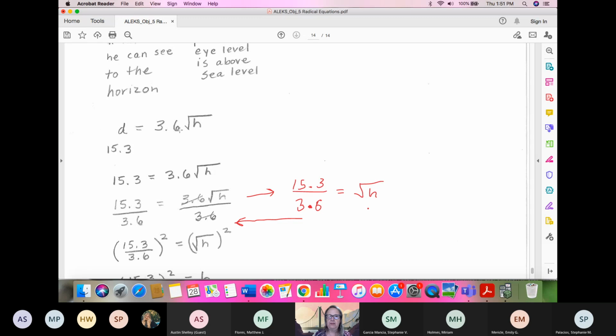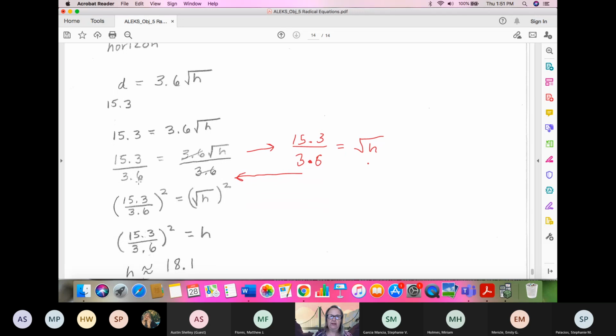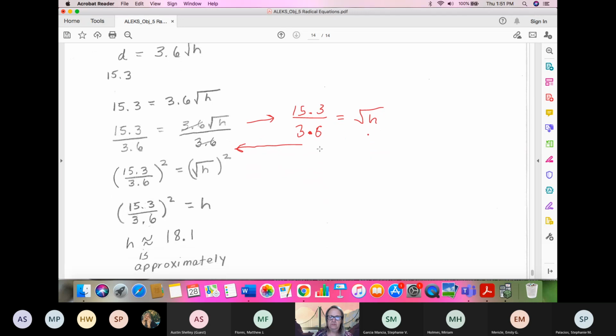We want to divide both sides. We want to isolate the radical. So divide both sides by 3.6 to get that radical isolated over here. So we get 15.3 divided by 3.6 equals the square root of H. And all we have to do is the opposite of square rooting, which is squaring both sides.